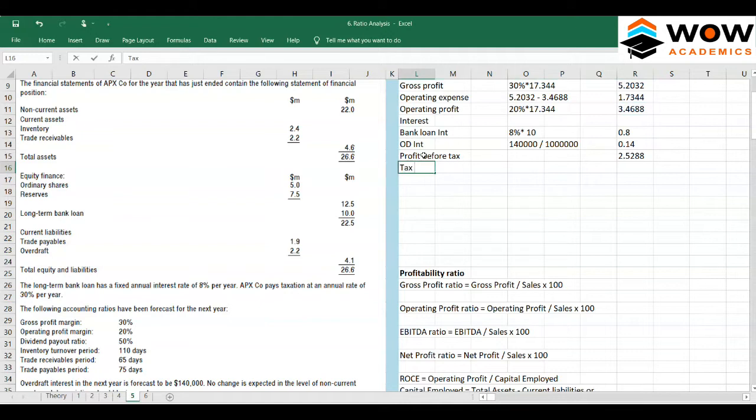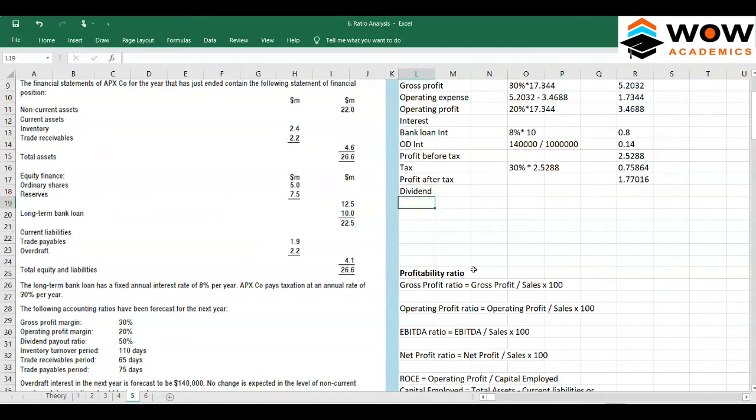Thereafter, I think we can get the tax. So tax is going to be, he says it's a 30% tax, 30% of 2.5288. So we can get profit after tax now. So we got profit after tax. After profit after tax, we have the dividend payout.